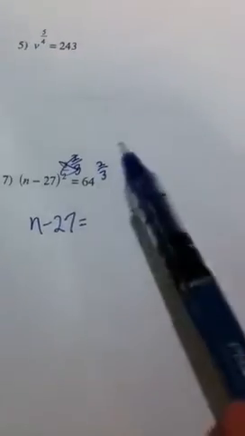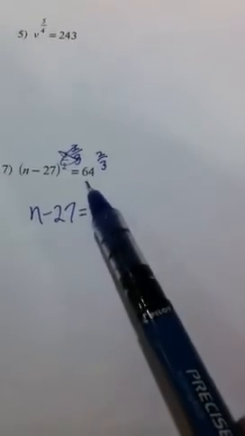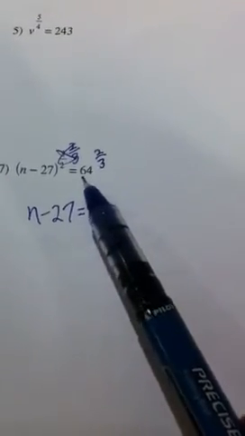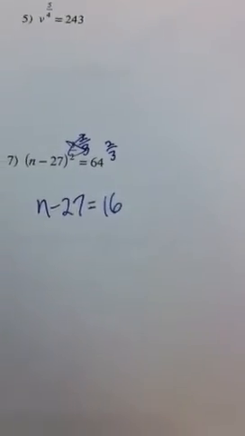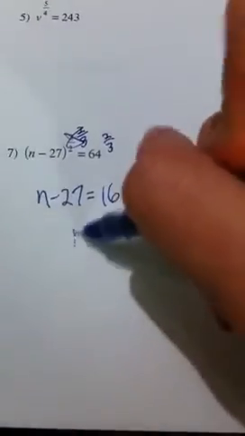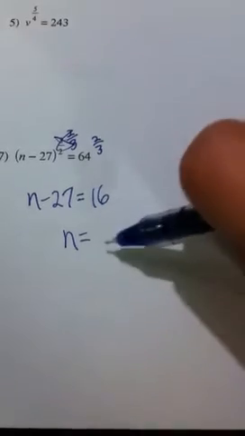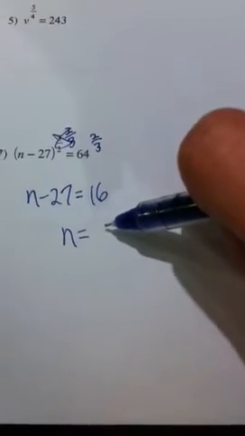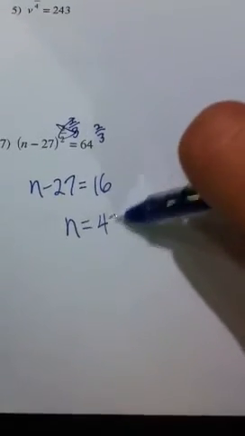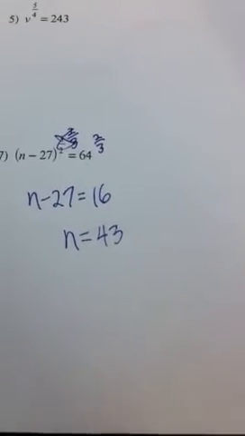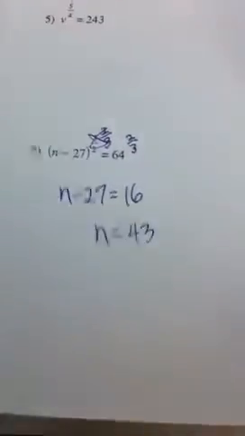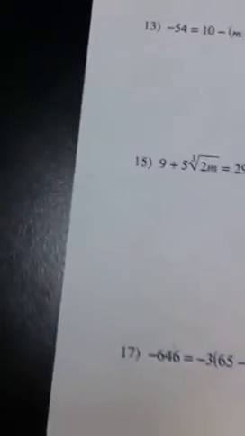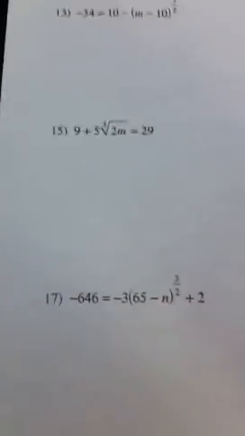On the right, I have 64 to the 2/3, so it's the third root of 64, which is 4. 4 to the second is 16, and that's a basic linear equation. Add 27 to both sides. 27 and 16 is 43. Yeah, 43. Okay. Go to the next page in that same one, the rational exponent equations.